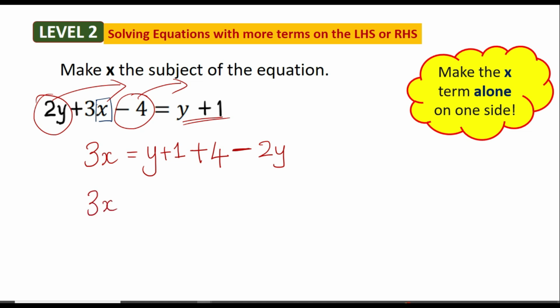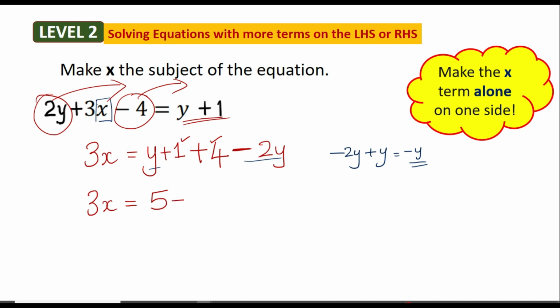Now 3x is equal to, I'm combining the like terms here. I have 1 plus 4 giving me 5, and I have negative 2y plus y giving me a minus y.